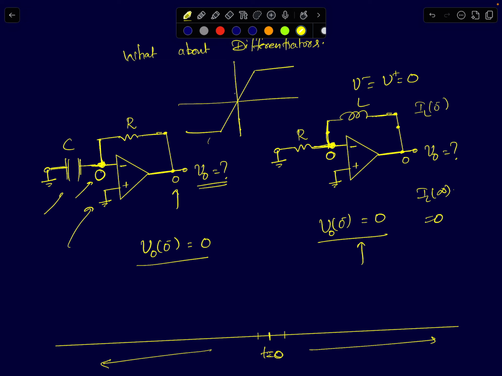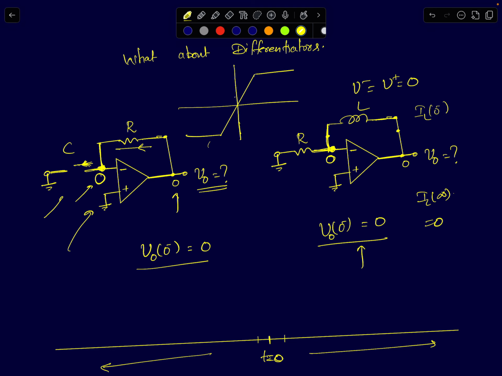Even then, you can treat the capacitor like an open circuit. There is no path for the current to flow through the capacitor, so the current through the resistor will also be 0, which means the voltage drop across the resistor will be 0. So V0 will be equal to V minus, and your differential input will be exactly equal to 0.